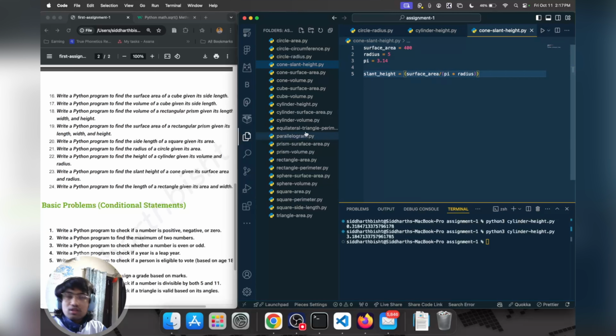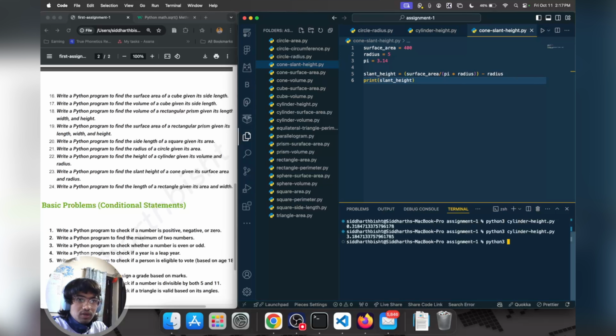Then next is minus radius, and this is my slant height. Print slant height. Python3 cone_slant_height.py. I got my slant height.